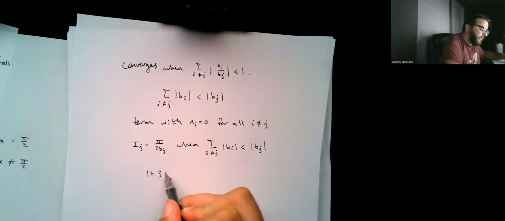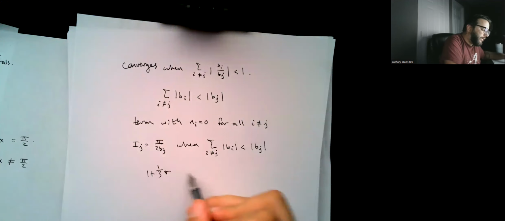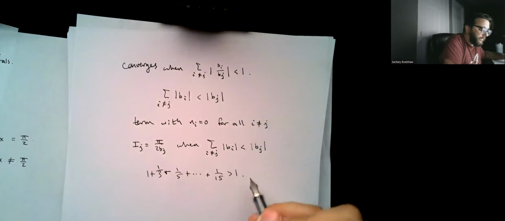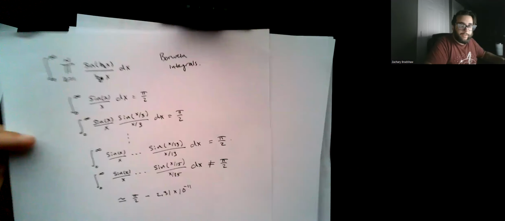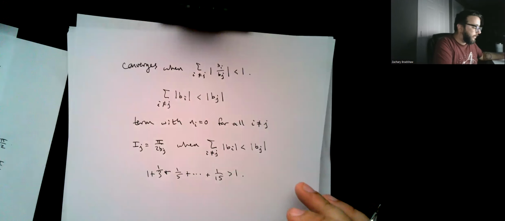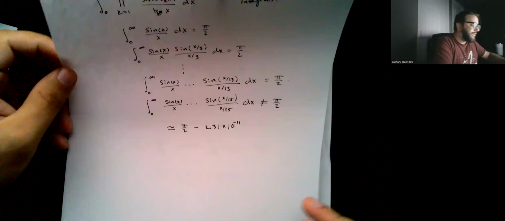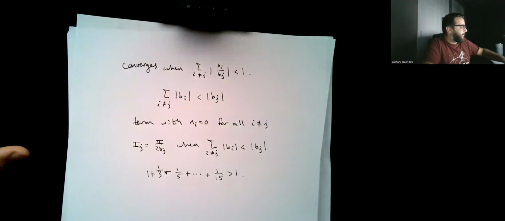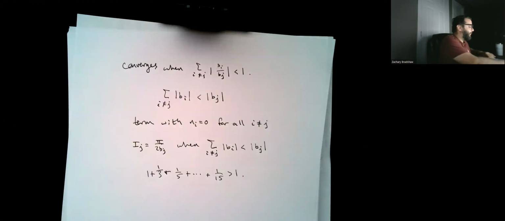Right? So 1 plus 1/3 plus 1/5 all the way up to 1/15 is going to be greater than 1. And so the method of brackets will predict nothing in this case. And this is exactly where this evaluation of the integral fails. So it's really interesting that the method of brackets will do this for us.